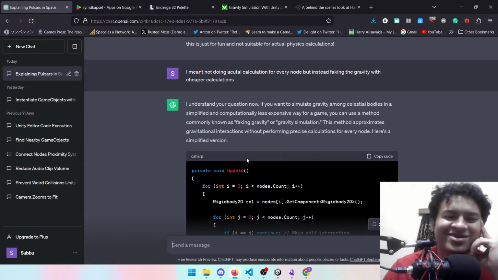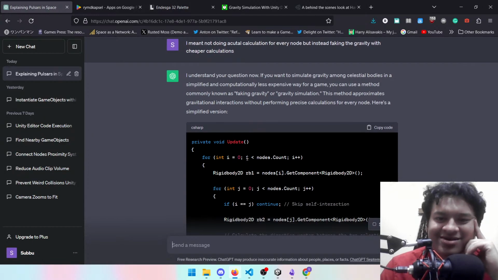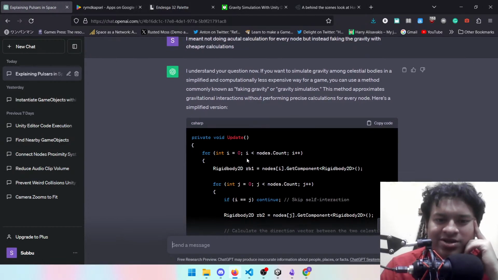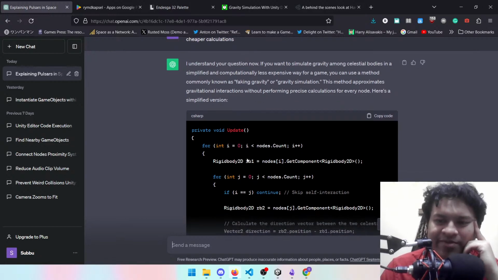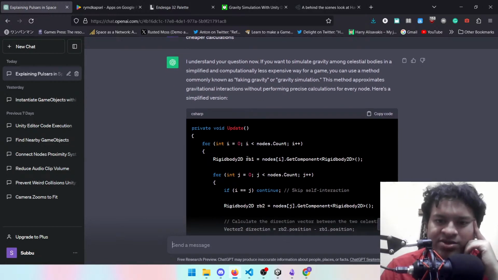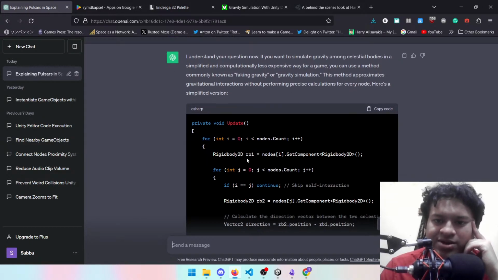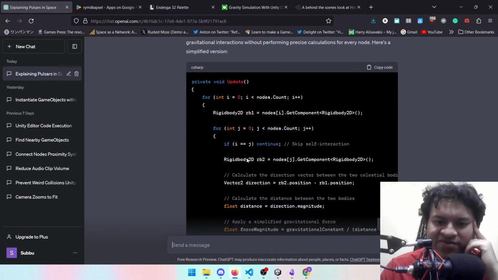Why would I need to type that and would it understand? You can use what's commonly known as faking gravity or gravity simulation. The method approximates gravitational interactions without performing precise calculations for every node, as a simplified version.